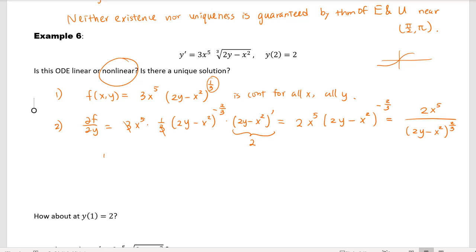Okay, so this guy is continuous when the denominator is not 0. So 2y minus x squared is not 0. It means y is not equal to x squared over 2.